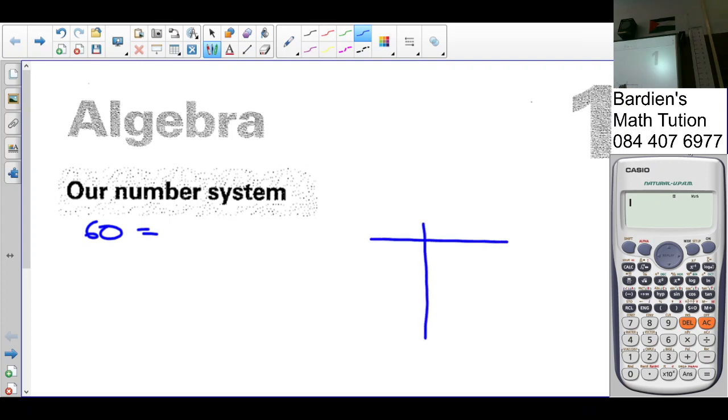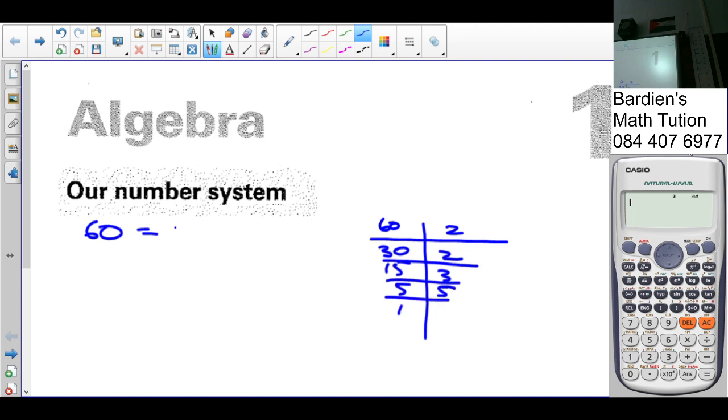We use the ladder method. There's many ways that we can break it up. The ladder method is the method I'm going to use in this case. So the smallest prime number that goes into 60 is 2. 2 goes into 60, 30 times. 2 goes into 30, 15 times, 3 goes into 15, 5 times, 5 goes into 5.